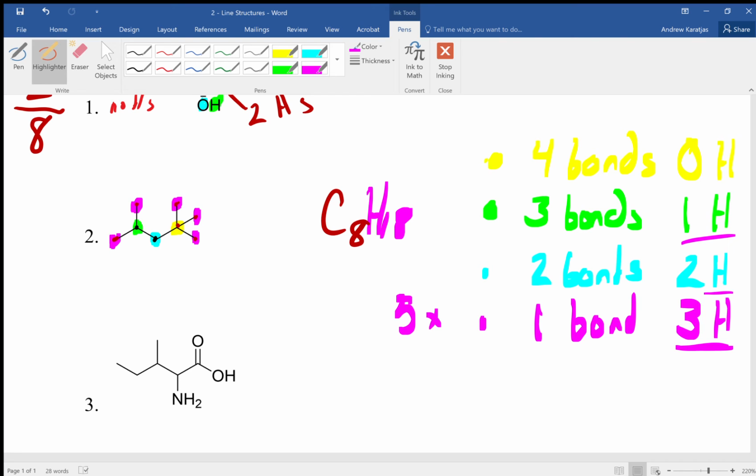And so this is the way we can go through with each of these molecules and convert them from a line structure to determine the number of atoms that are present. Now notice the next example does have a nitrogen in it. And typically if we have a single nitrogen in a molecule, that's when we can end up with odd numbers of hydrogens.